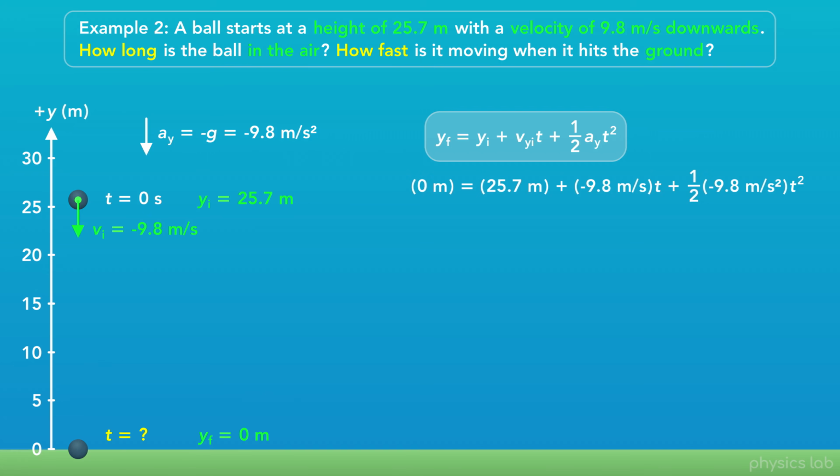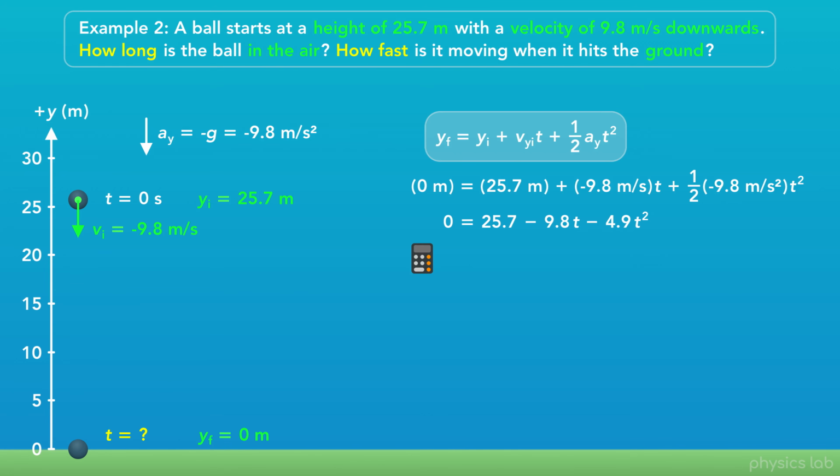We plug in 0 meters for the final position, 25.7 meters for the initial position, negative 9.8 meters per second for the initial velocity, and negative 9.8 meters per second squared for the acceleration. When we simplify that, we get this equation. This time, we can't rearrange this equation to isolate t.